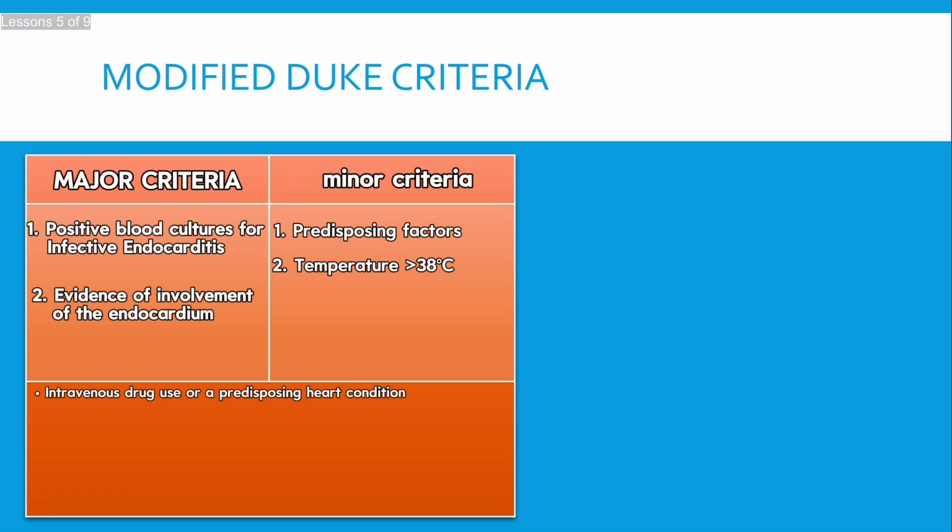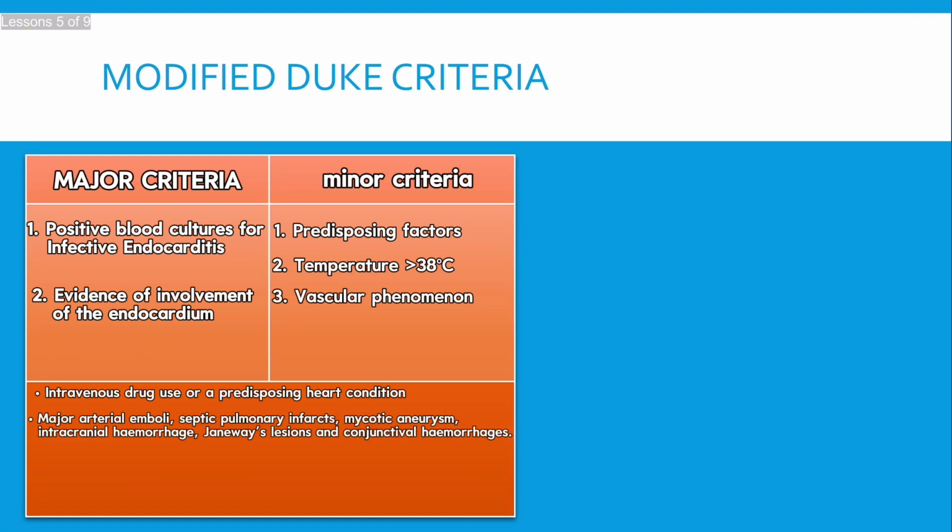Number 3, vascular phenomenon, like major arterial emboli, mycotic aneurysms, or Janeway lesions. Number 4, immunological phenomenon, including Osler nodes, Roth spots, or a positive rheumatoid factor.